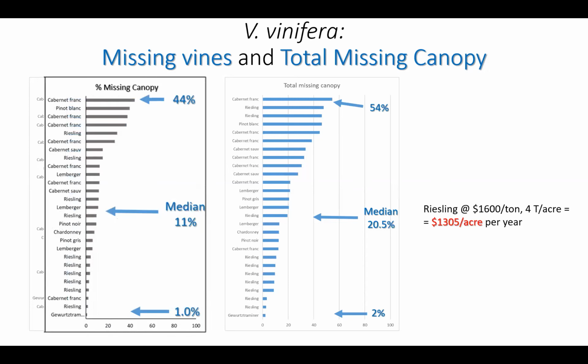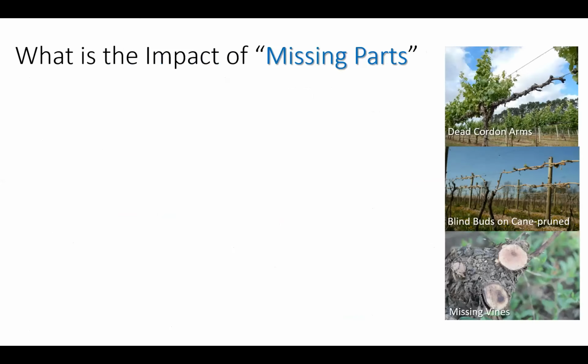So if we add those two together, then the missing vines calculated a slightly different way ended up costing $600 per acre, $608 per acre per year. So the impact of missing parts from our survey, which is, I admit, a very preliminary and simple-minded survey.